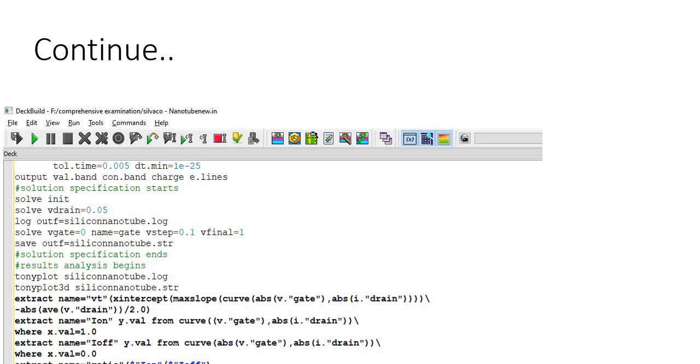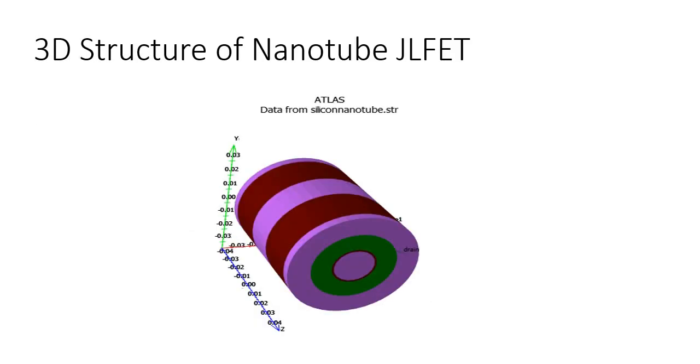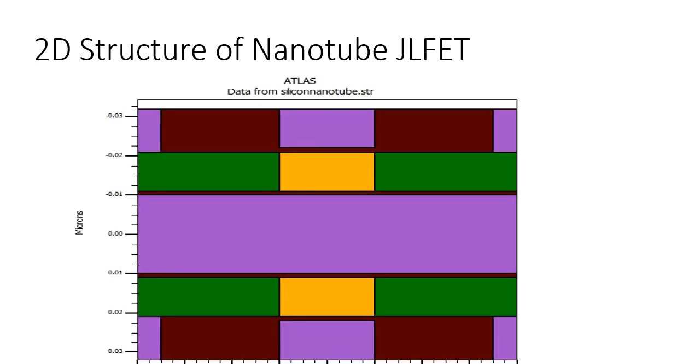Now you can extract the threshold voltage using this method, extract the ion current, I off current, and the ion by I off ratio. All these are executed with the help of Atlas. This is the 3D structure that we have created of the nanotube junctionless FET, and this is the 2D structure of the nanotube junctionless FET.